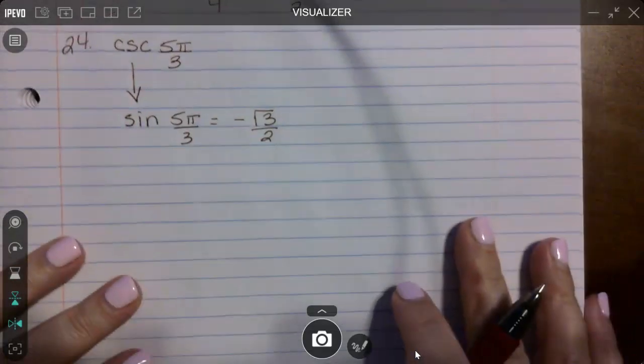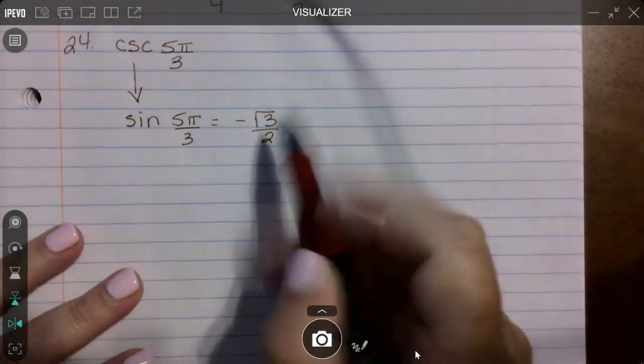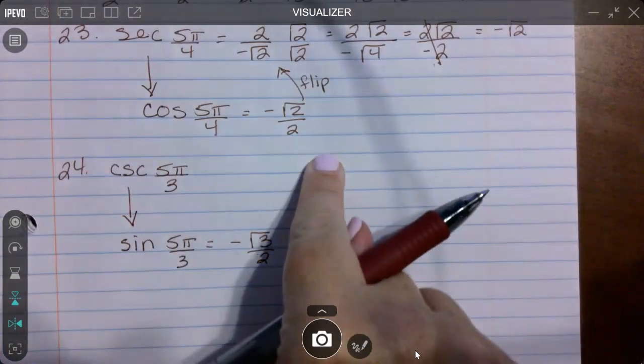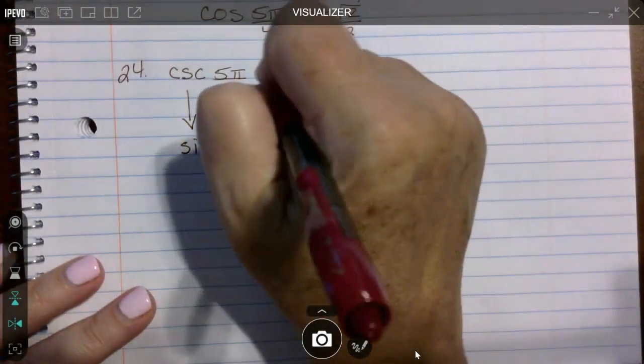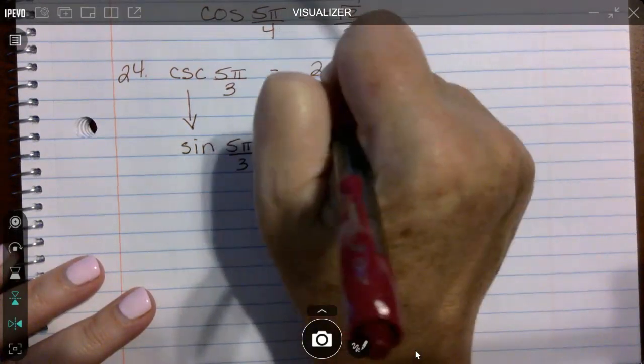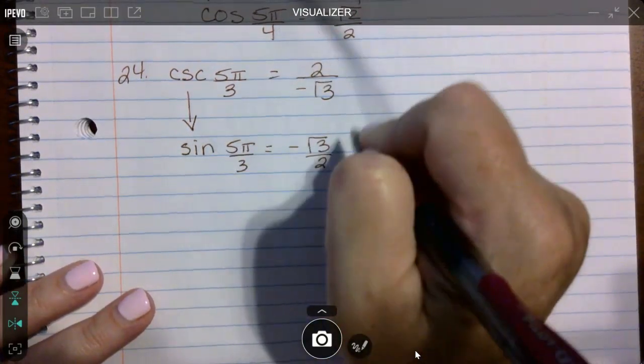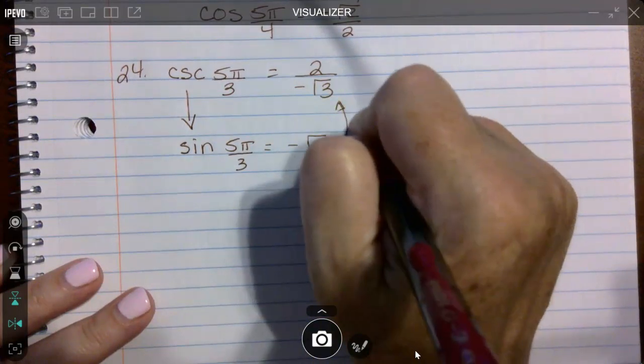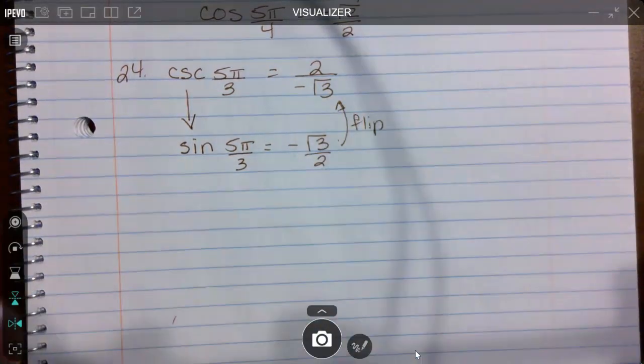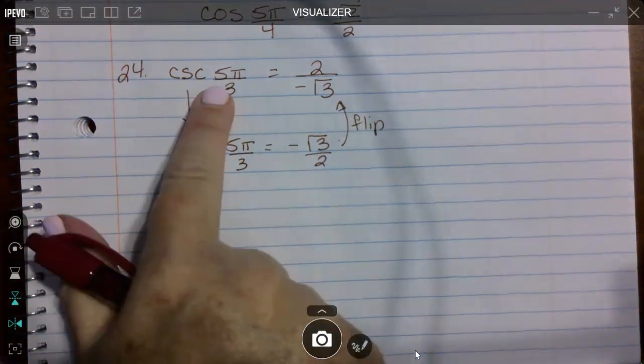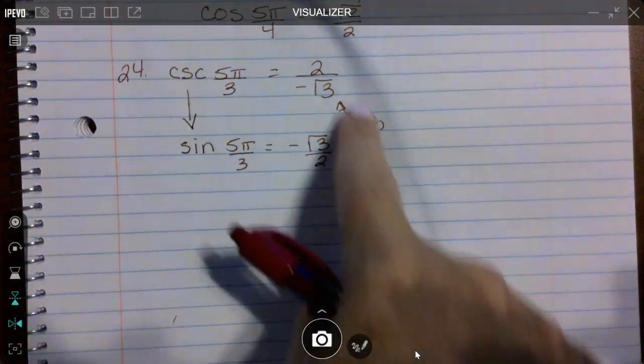There we go. So here, again, just like what we did up here, we're going to flip. So this will be 2 over negative square root of 3. So from here to here, we have to flip.